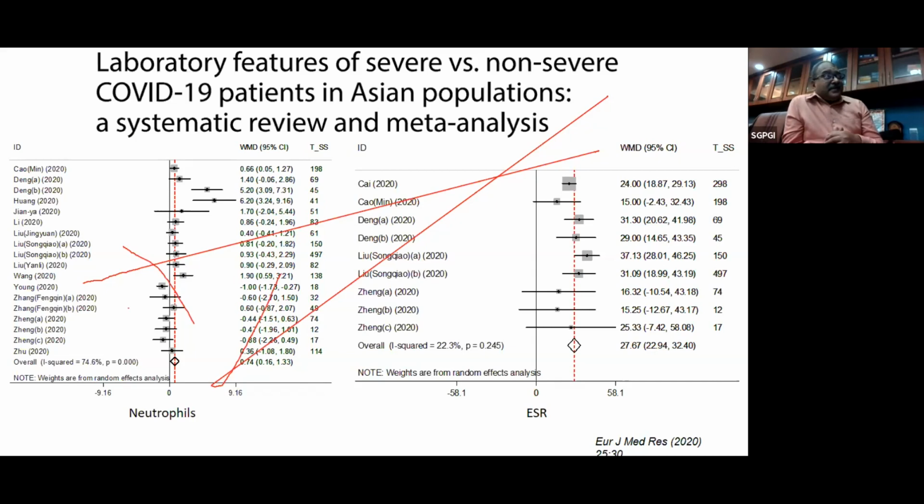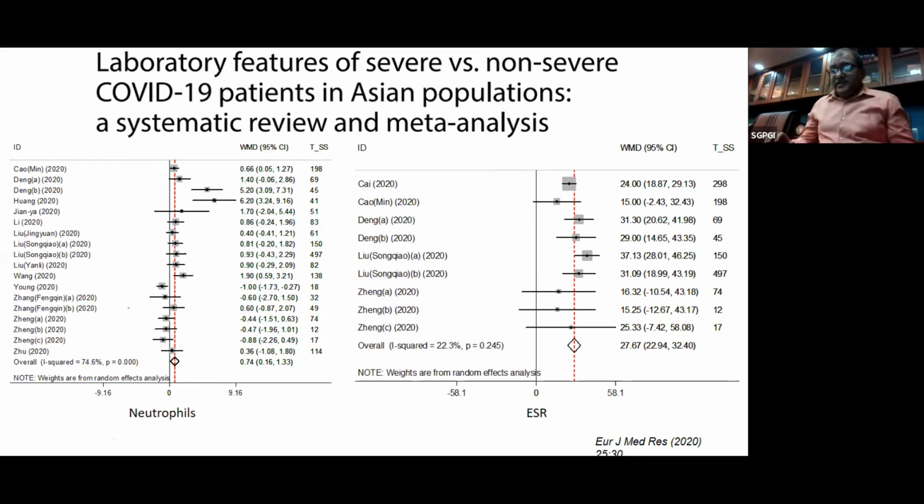Okay. Then there was another meta-analysis, published I think in the month of August, in which it was shown that in the Asian population, and again this is a study predominantly from China, the number of neutrophils and higher levels of erythrocyte sedimentation rate clearly favor the severe group.